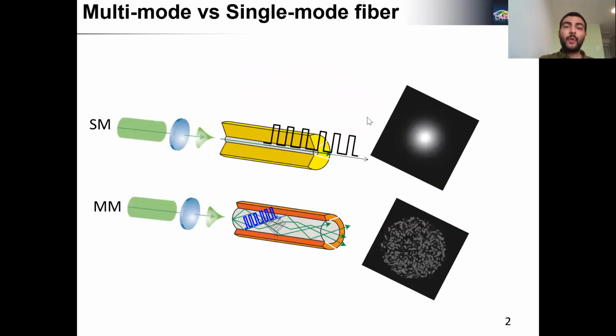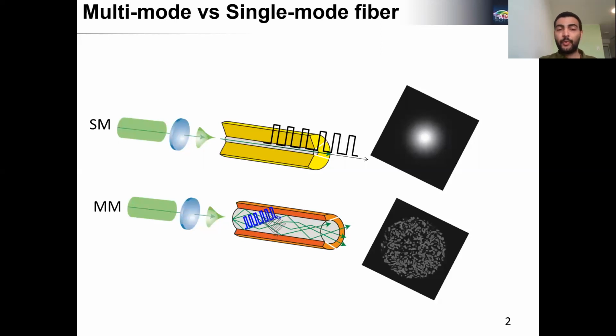As you know, we have two categories of fibers. One is a single mode fiber in which you send your information bit by bit. So basically ones and zeros, and then you are able to transmit whatever information you want to send.